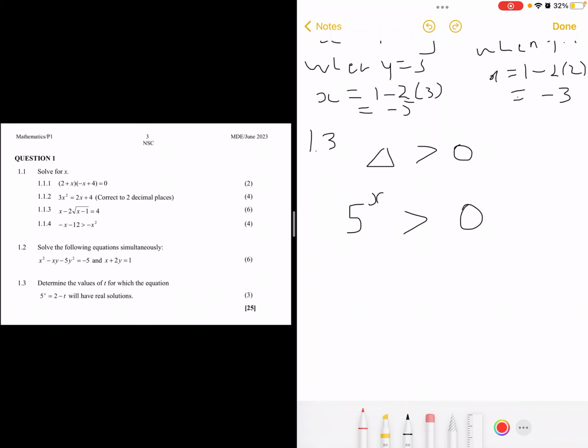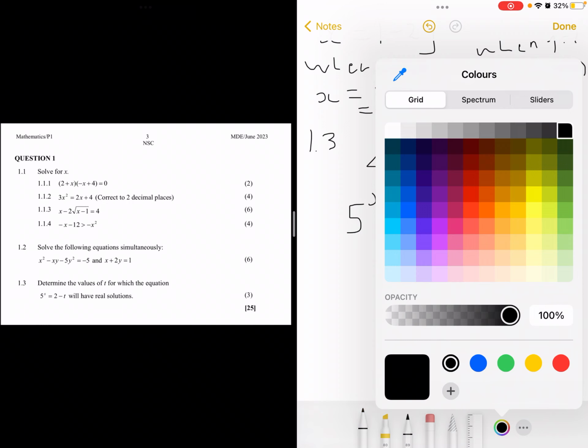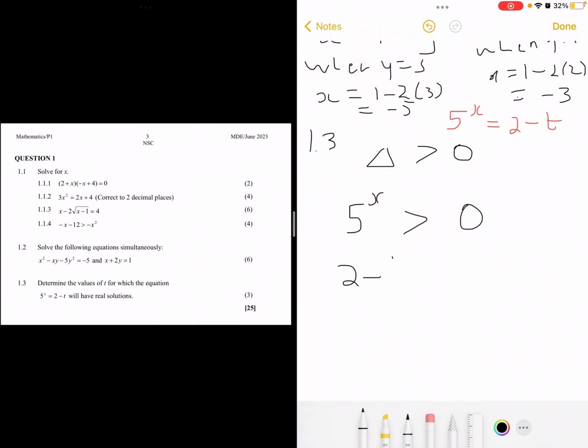So this means from the main equation that says 5 to the power of x is equal to 2 minus t, if this is a discriminant, then it means now 2 minus t, because they are both equal, is greater than 0. And that means if we take t to the other side, it becomes a 2 greater than t, of which it means all the values that are less than 2 will give us real solution.